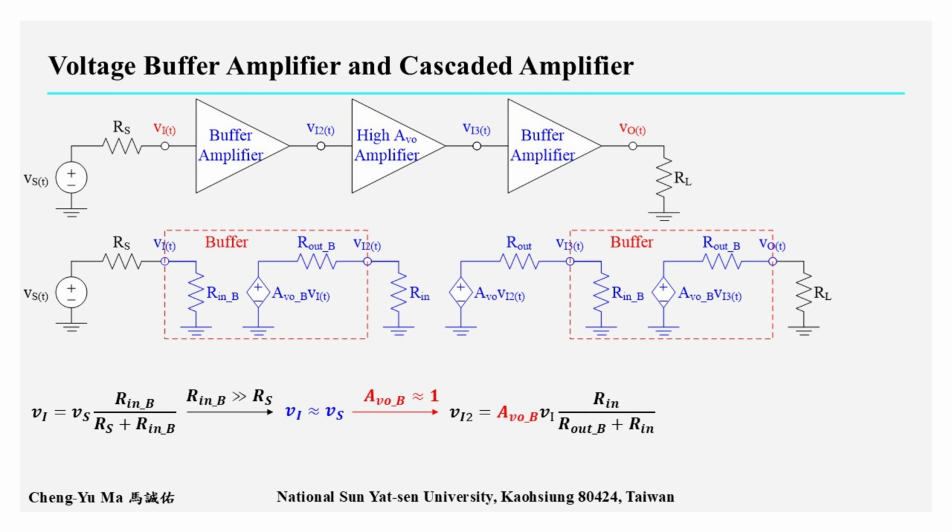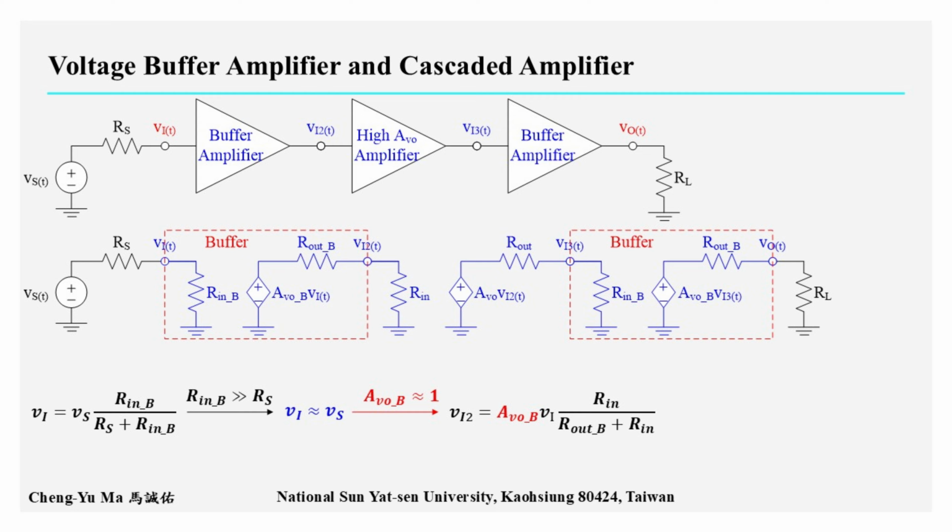Therefore, when the signal is transferred from the output terminal of the first stage amplifier to the second stage amplifier, the output signal, which is also the input signal of the second stage amplifier, is first amplified by the open circuit voltage gain and then affected by the voltage divider effect between the output resistance of the first stage amplifier and the input resistance of the second stage amplifier.